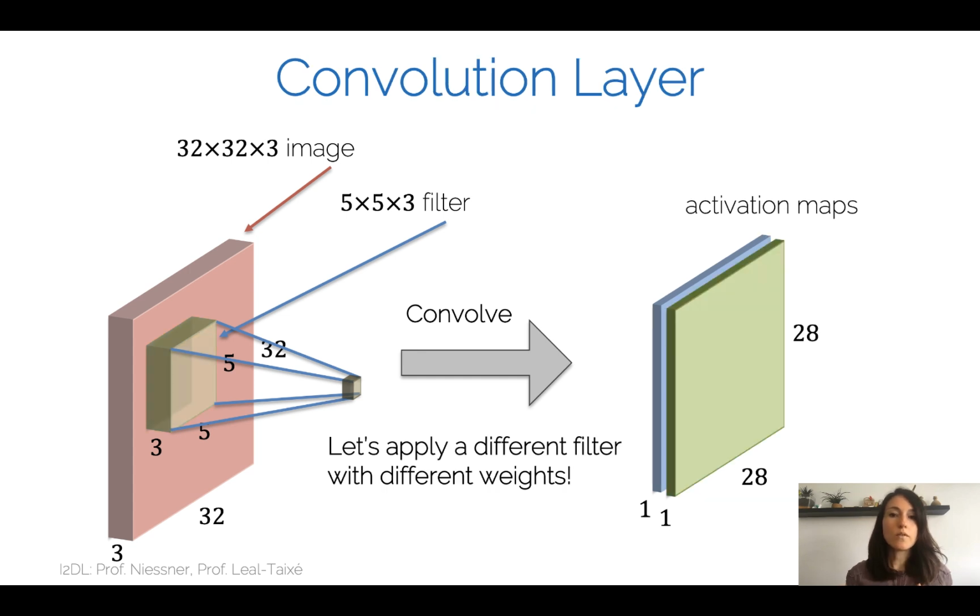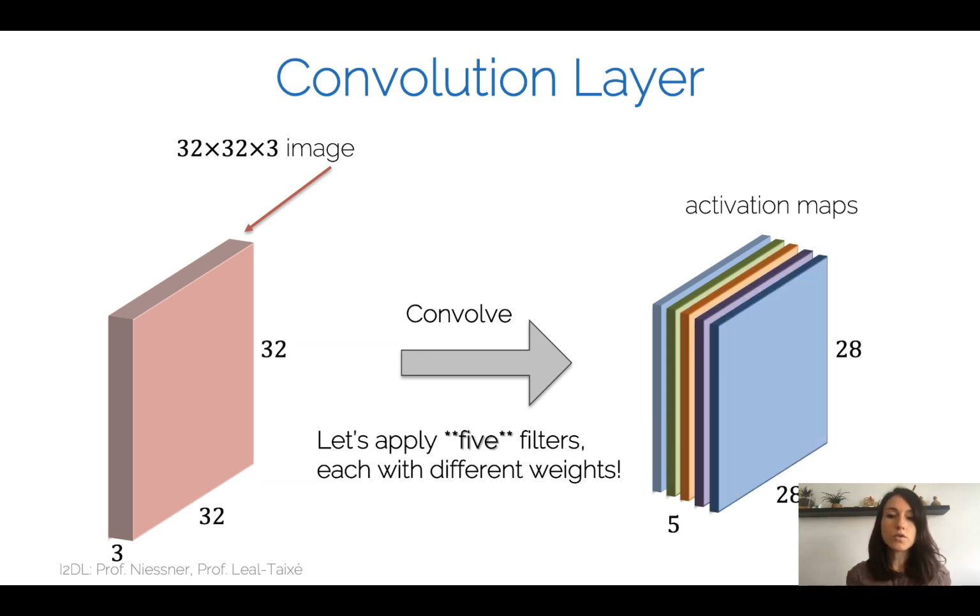Now, as we're building our convolution layer, we add another filter, a different set of weights, a different 5 by 5 by 3 filter, which provides us with yet another depth channel in the activation map. So with 2 filters, our output will be 28 by 28 by 2. And this is how we create a convolution layer. If we have 5 filters, the depth at the output is going to be 5.